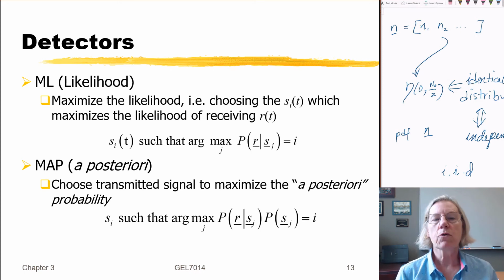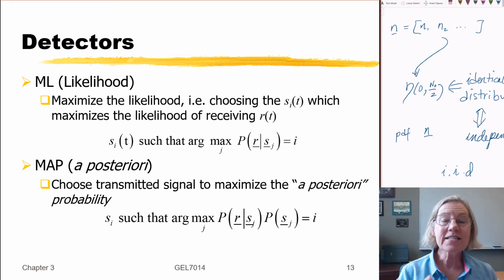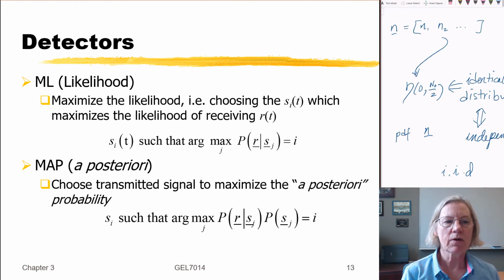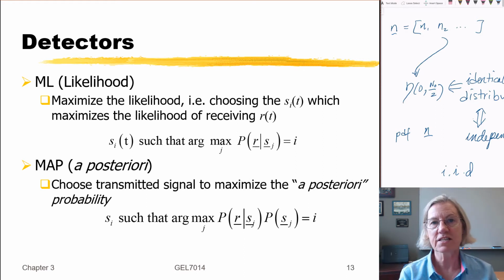So why is it so important to have this conditional density? Because it is this conditional density that we exploit in finding our maximum likelihood and our MAP detectors. If we want to maximize the likelihood, it is just this conditional density that I have found.